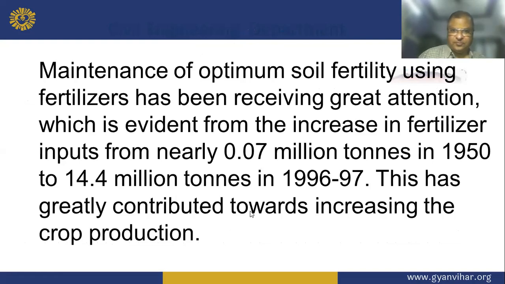Maintenance of optimum soil fertility using fertilizer has been receiving great attention, as evident from the increase in fertilizer input from nearly 0.07 million ton in 1950 to 14.4 million ton in 1996-97. This has been a great contribution toward increasing crop production.